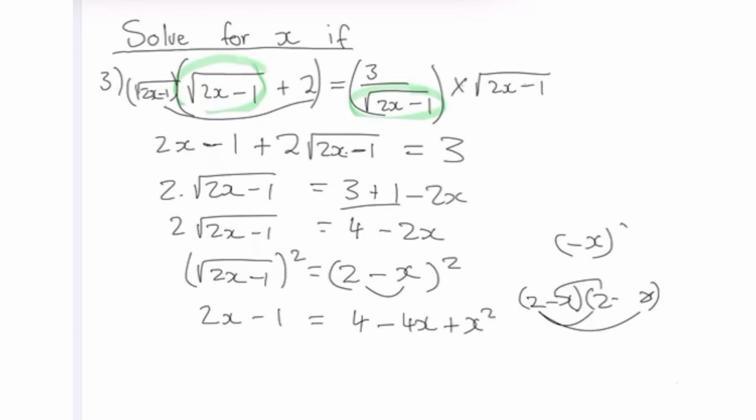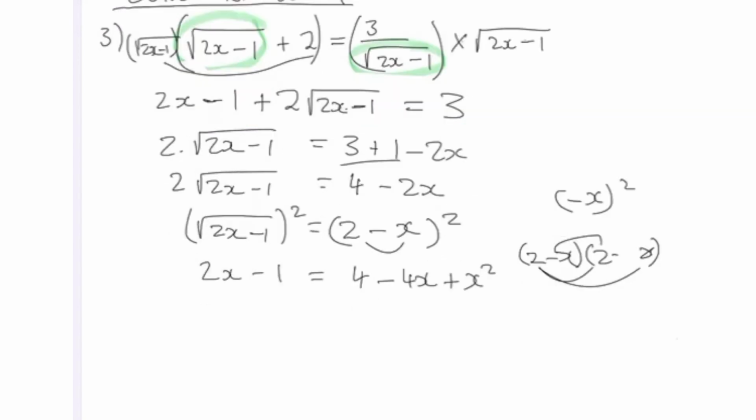From here you can simplify the equation by writing it in the form of ax squared plus bx plus c equals 0 by collecting the like terms.